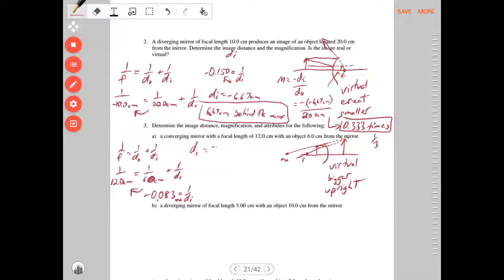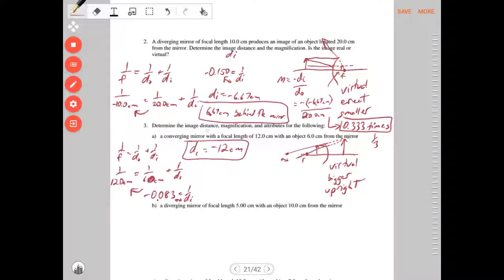So that is negative 12 centimeters. Well, that means we are 12 centimeters behind the mirror. That makes sense because we know we're behind the mirror. We know it's bigger. So that's cool. So negative 12 centimeters, or 12 centimeters behind the mirror. Awesome.